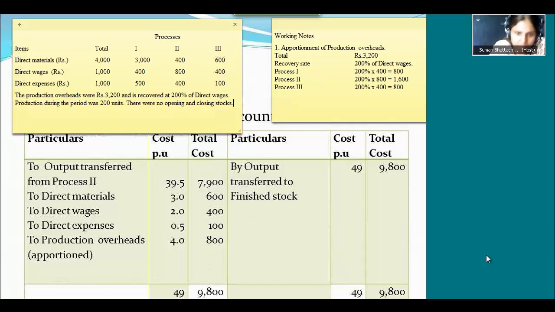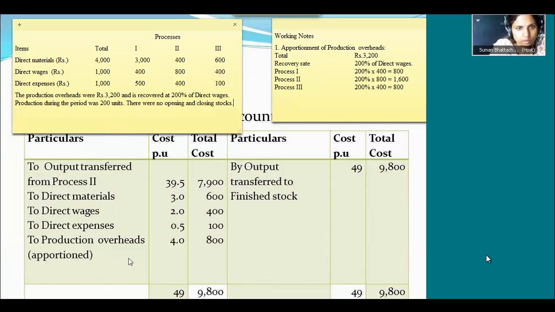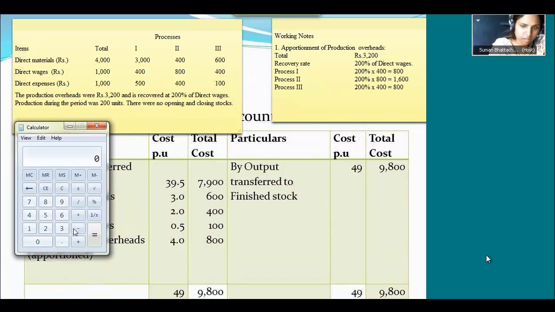So production overheads will be 400 multiplied by 200%. So it comes 800, and the cost per unit is 800 divided by 200, so it comes rupees 4.